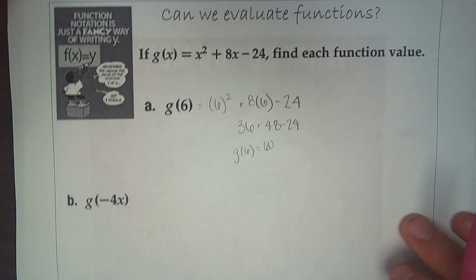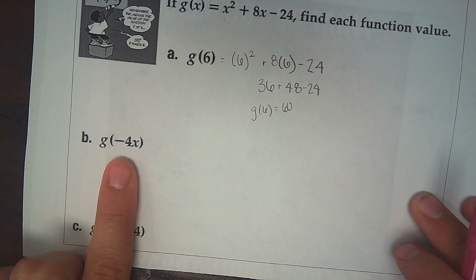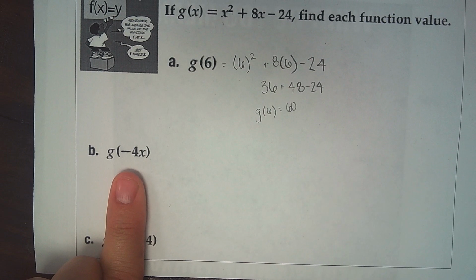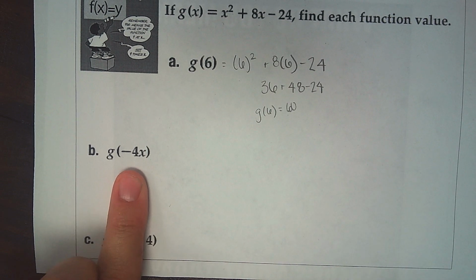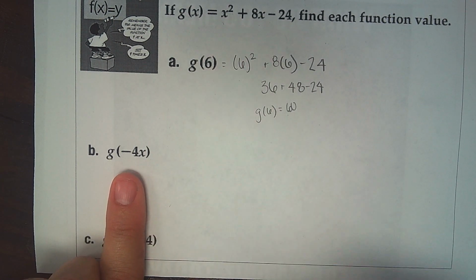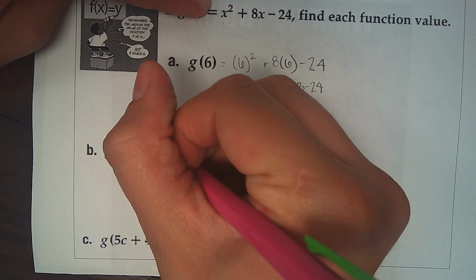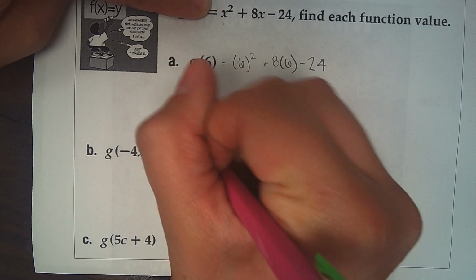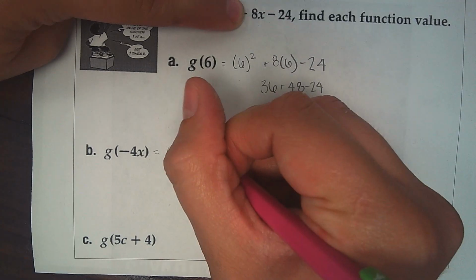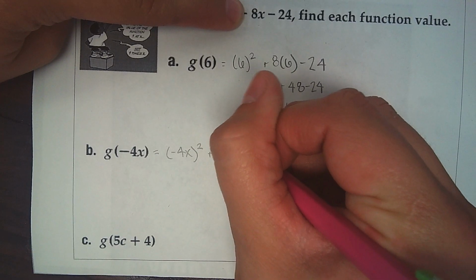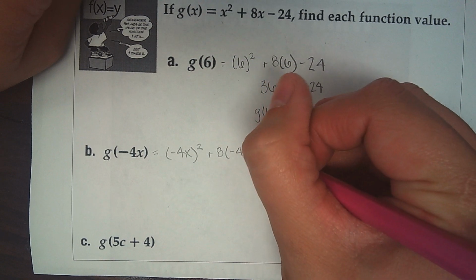All right, we are going to do the same thing with negative 4x. So our new input is negative 4x. I'm going to do the same thing: I'm going to have our input squared plus 8 times our input minus 24.